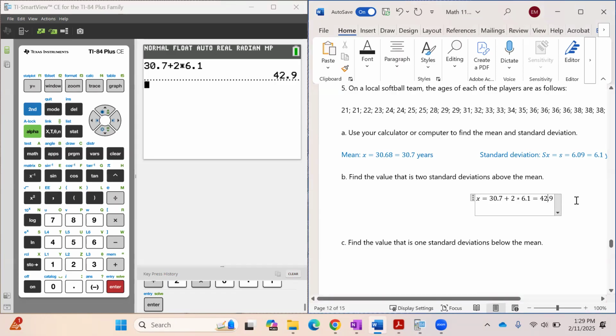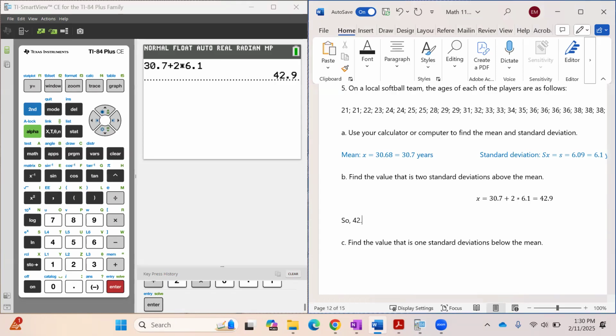So that would be the value that is 2 standard deviations above the mean. So x equals 42.9 is 2 standard deviations above the mean.